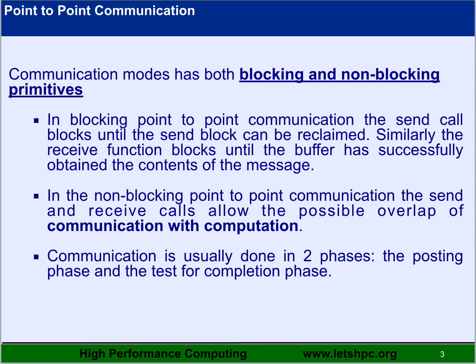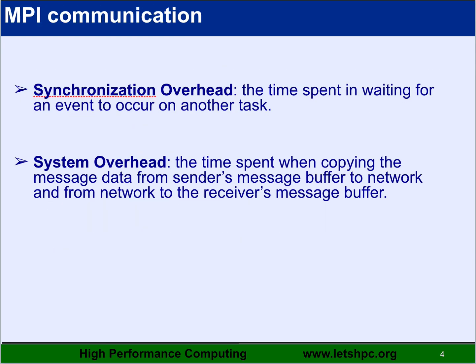In non-blocking point to point communication, the send and receive calls allow the overlap of communication with computation. Communication is ideally done in two phases, the posting phase and the test for completion phase. Two important overheads which we encounter during MPI communication are the synchronization overhead and the system overhead.